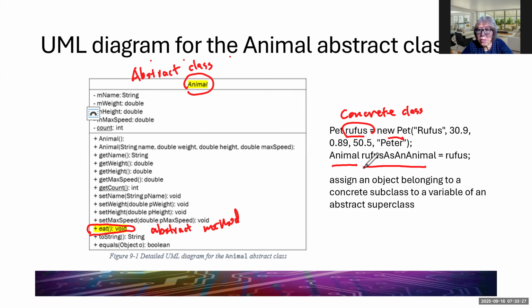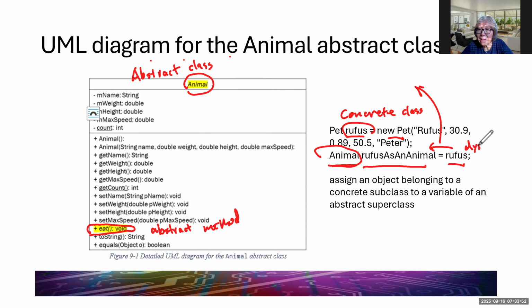The refuse as an animal, but the reference type you define as an abstract class type. You can still assign it to refuse. This is fine because this means the is-a relationship.